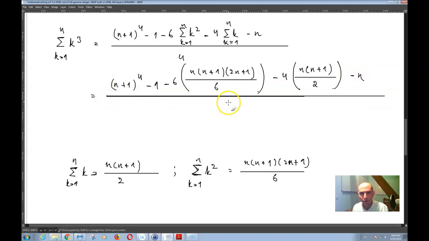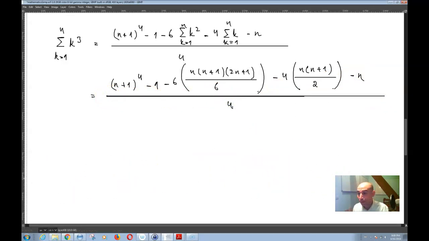And you want to divide the whole thing by 4. We don't need this anymore. Now, you know that these two will cancel out, and then 4 divided by 2 is equal to 2. And so you have (n plus 1) raised to the power 4 minus 1, and then you have n times (n plus 1) times (2n plus 1) minus 2 times this, minus n. And now you just need to simplify things. There is nothing else left.